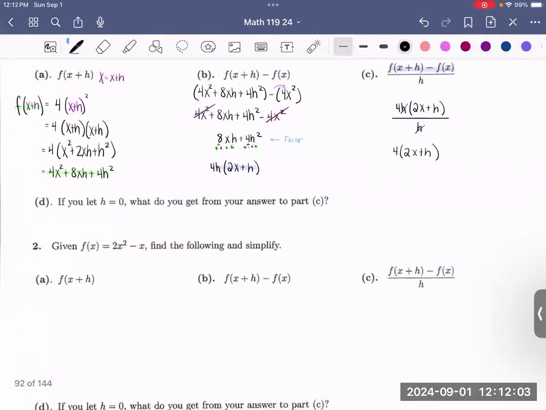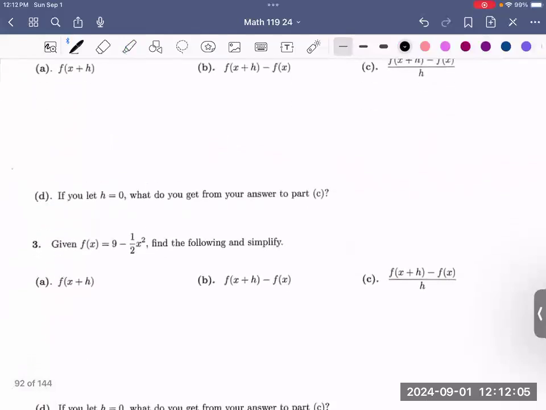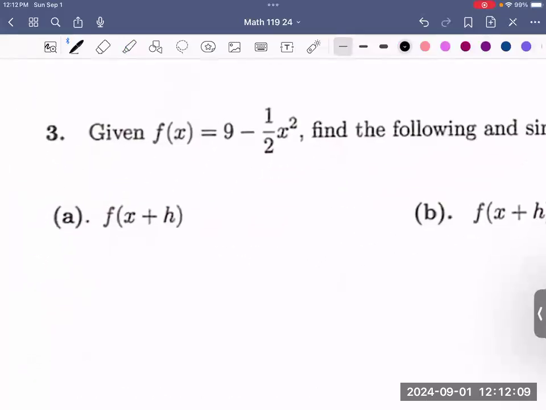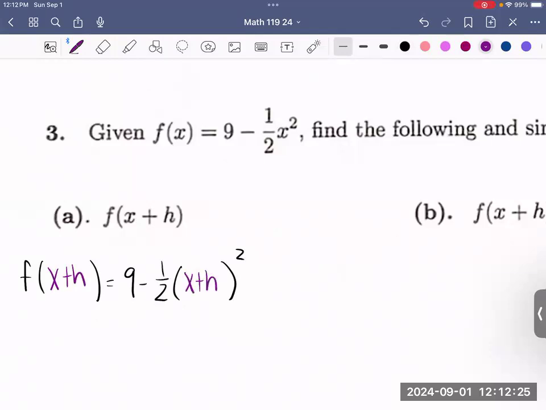So let's try it again with number 3. Once more, we're now being told we have f of x equal to 9 minus 1/2 x squared, where we then get to say, okay, we really have x plus h in where the x used to be.